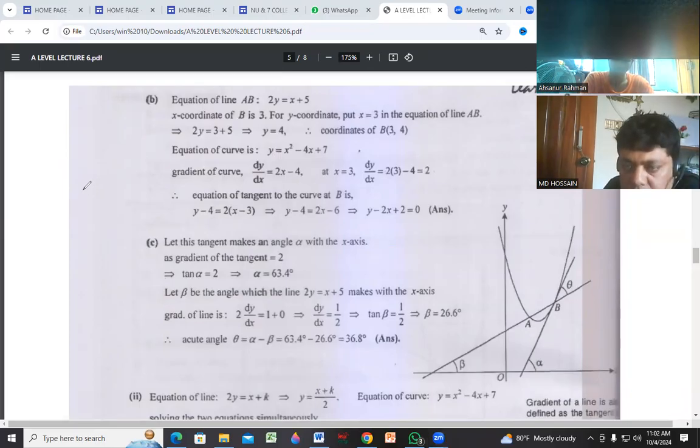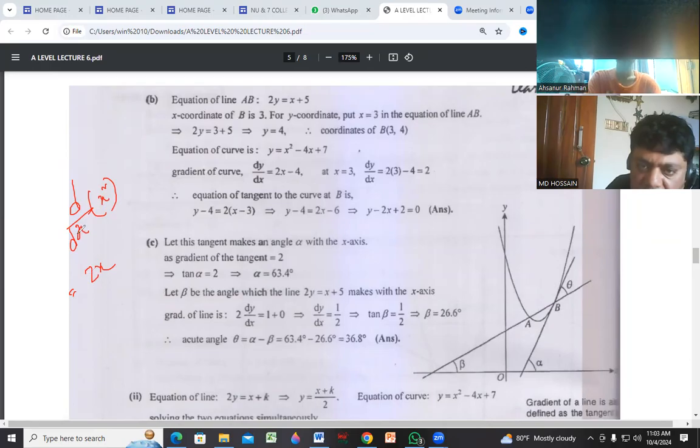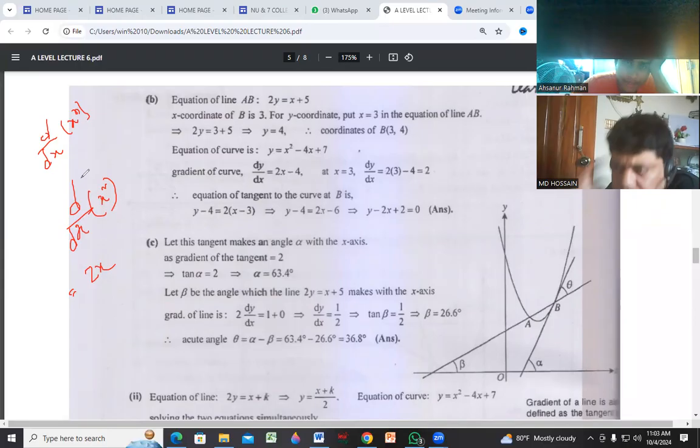But right now, you should just keep in mind d divided by dx of x squared equals 2x. Why? Because of the formula for differentiation.